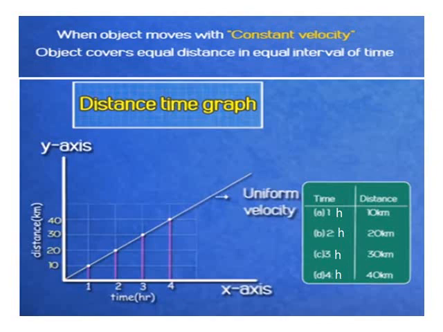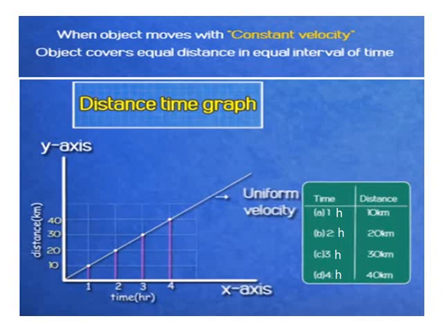What is the time difference? 1 hour. What is the distance covered? 20 minus 10, it is 10 kilometers. So similarly, you can see for every 1 hour, the body covers 10 kilometers. So when the time is uniform, distance is also uniform. So the body covers equal distance in equal intervals of time.